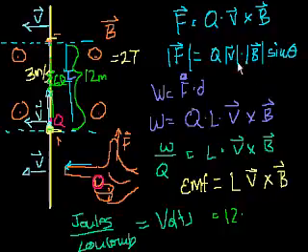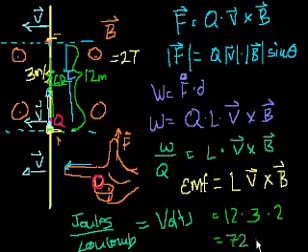So we just have to worry about the magnitudes. So it's going to be 12 meters times the velocity, which is 3 meters per second, times the magnitude of the magnetic field, which is 2 teslas. And so the EMF is 12 times 3 times 2, 12 times 6, which is 72 volts, or 72 joules per coulomb.